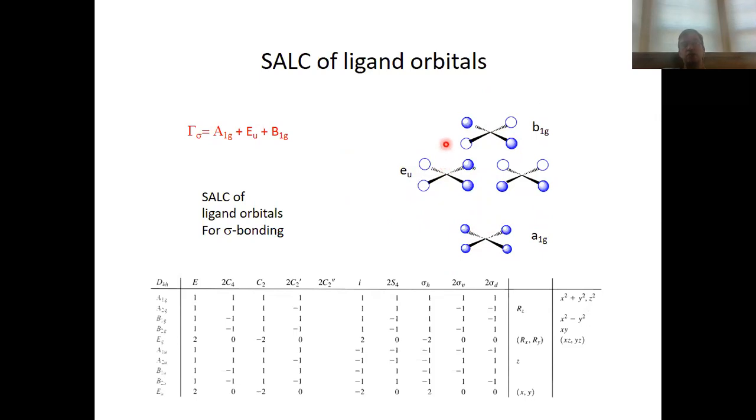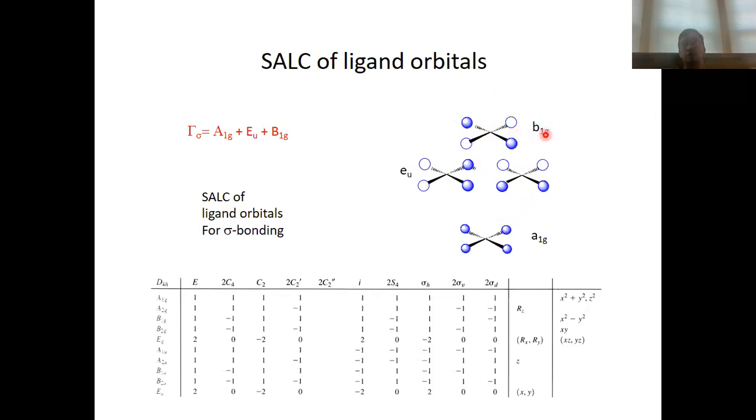You see the first one has its node here, and the second one has its node over there. Okay, so these 2 orbitals are just 90-degree rotations relative to each other. So the B1g ligand group orbital is the one with the largest number of nodes. It has 2 nodes, so there's 1 node here and 1 node here.